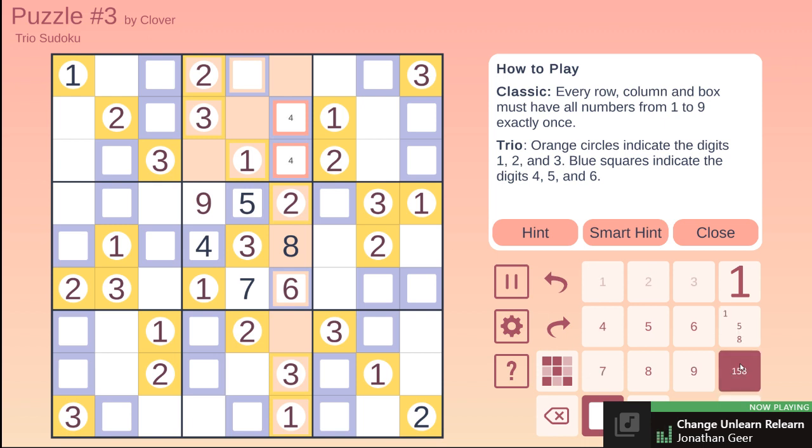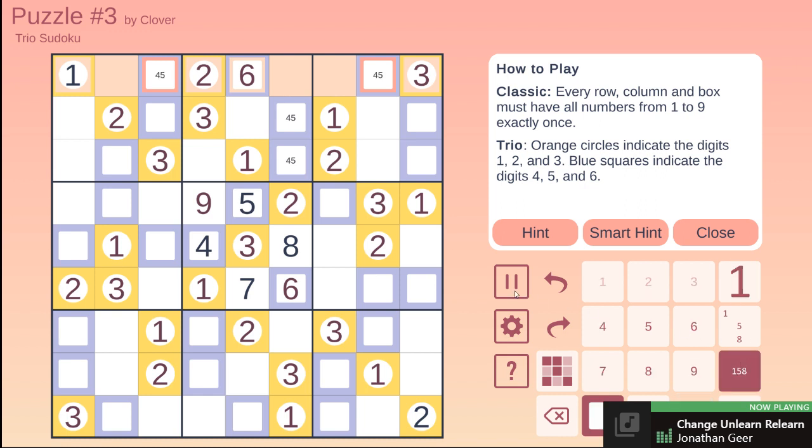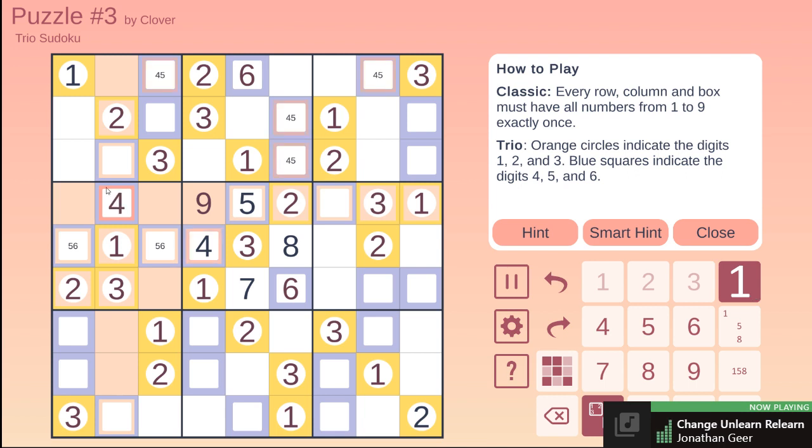This has to be a 4, 5 pair, thus making this a 6. This has to be a 4, 5 pair. Okay, this has to be a 5 or a 6 paired with this, thus making this a 4.